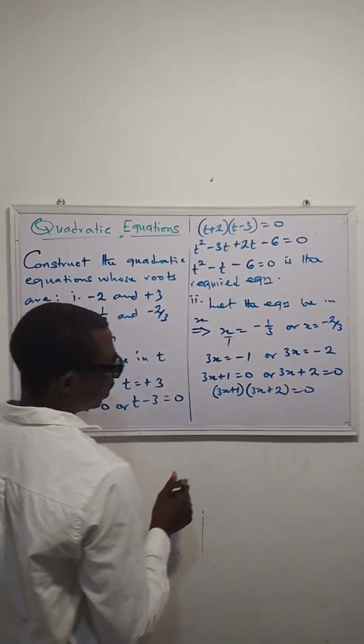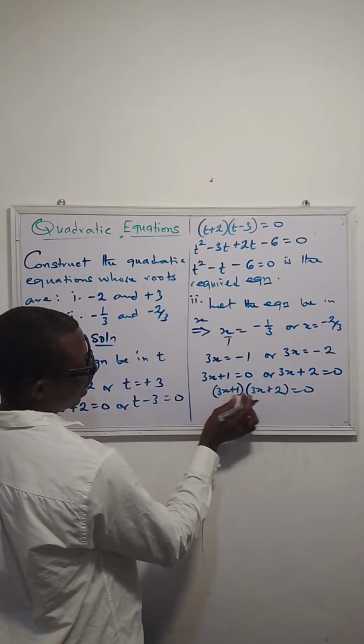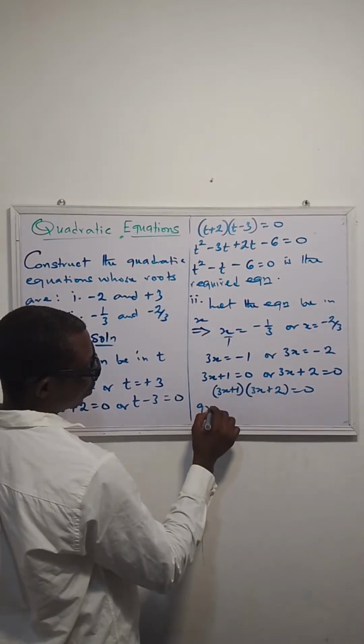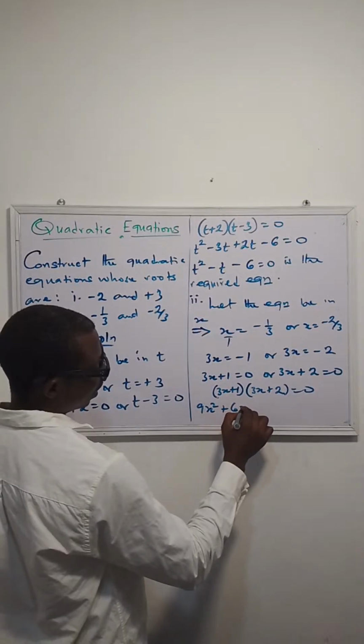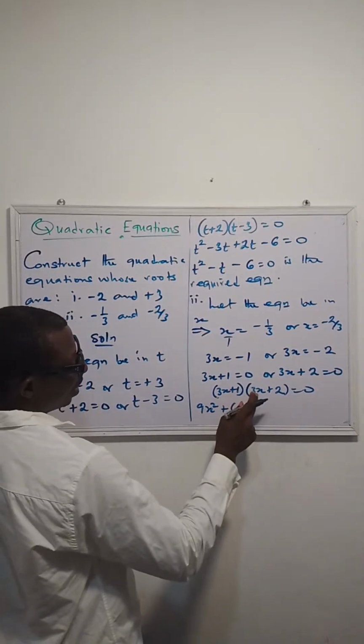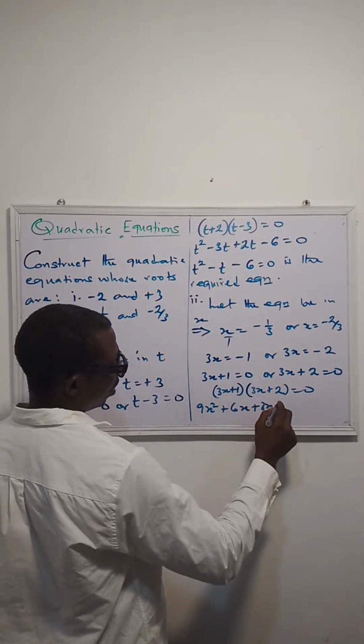So now let's expand this. We have 3x multiplies everything here. 3x times 3x, that's 9x squared. Now 3x times 2, we have plus 6x. Now 1 times 3x, we have 3x. And 1 times 2, we have plus 2.